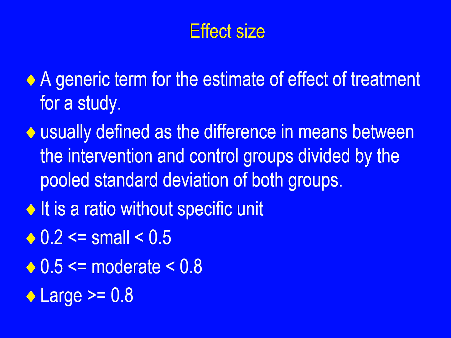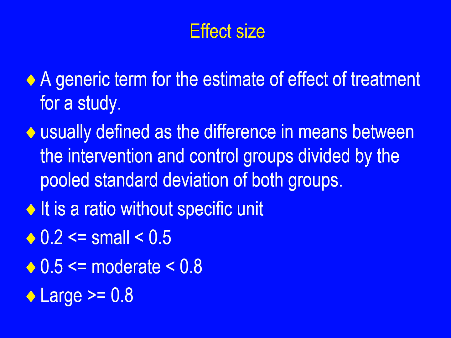It is a generic term for the estimate of effect of treatment from a clinical trial. It's usually defined as the difference in means between the intervention and the control groups, divided by the pooled standard deviation of both groups. So it is a ratio without a specific unit.